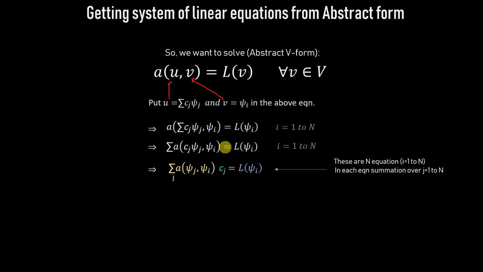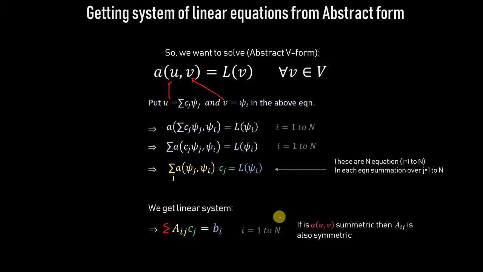Now we take the Cj out of A, because it's a constant. These are constant values, again using the bilinear property of A. Now we can convert this into a set of linear system, which is the summation of Aij Cj equals Bi.